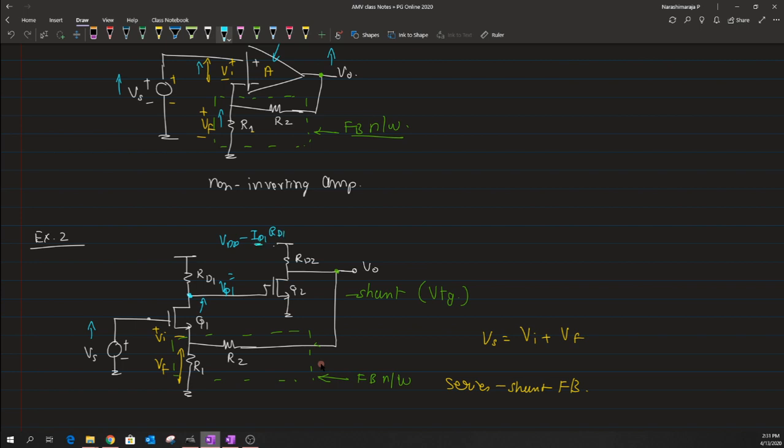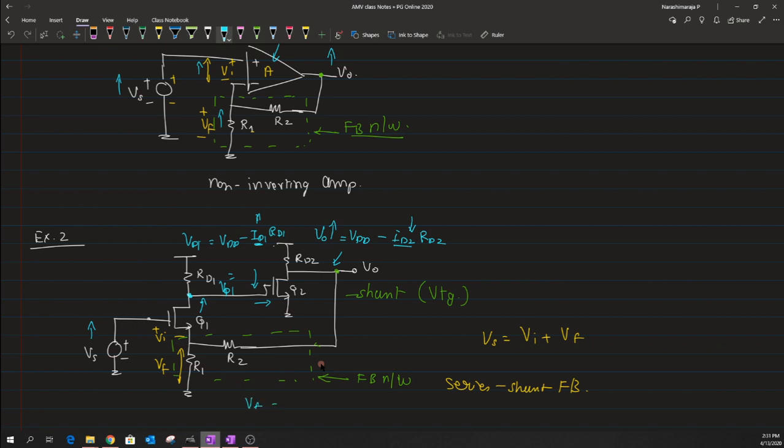So when this ID term rises up, the VD will fall, and due to which our VD1 will drop. And when it drops, the V naught, which is again defined as VDD minus ID2 times RD2. Just because our VD1 is fed as a gate input to our Q2 structure, the ID2 will again drop, and due to which our V naught will rise up. Okay, and as you can see, the rise in this V naught is read through this VF as a voltage divider.